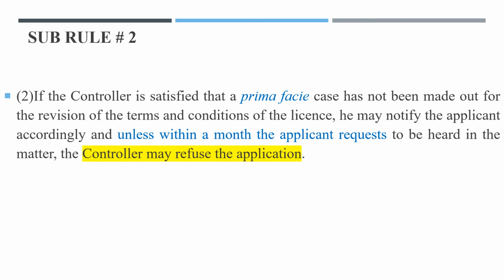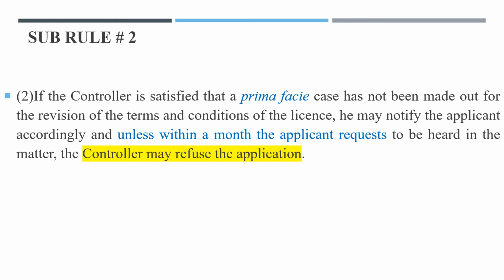Sub rule 2 says if the controller is satisfied that a prima facie case has not been made out for the revision of the terms and conditions of the license, he may notify the applicant accordingly, and unless within a month the applicant requests to be heard in the matter, the controller may refuse the application.